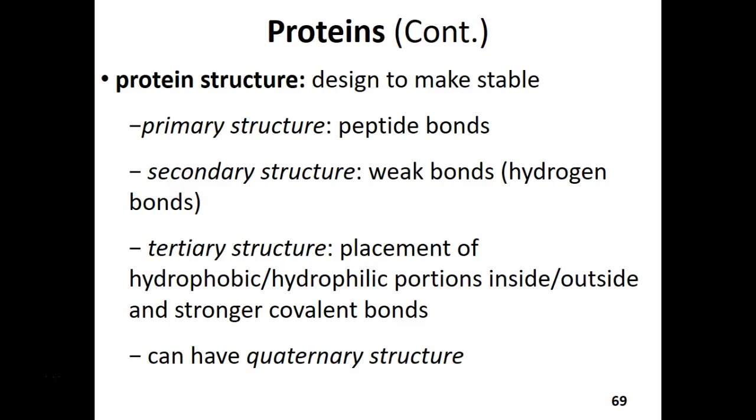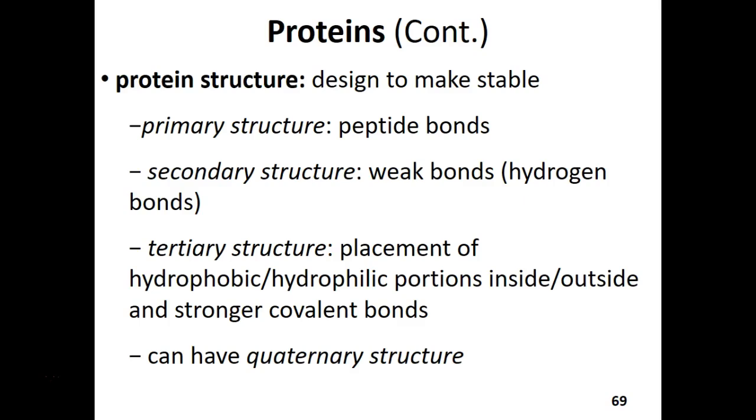Once we have this polypeptide of amino acids, then the R groups, which can be charged or might be uncharged, are going to start folding. Any regions that have a partial positive charge are going to be attracted to other regions that have negative charges, and they're going to be repelled by other positive charges.